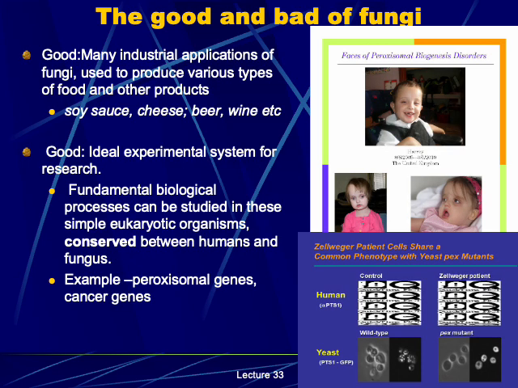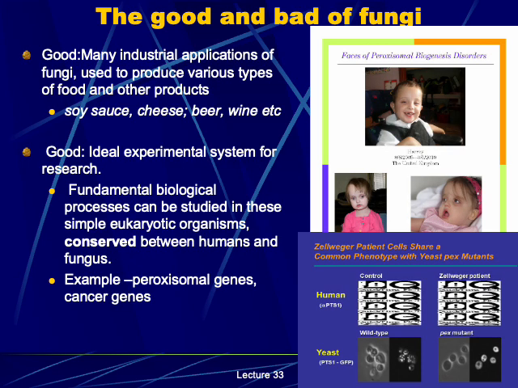They can look at peroxisomes with a defect in specific PEX genes, peroxisome PEX genes, and they say, wow, these yeast cells with these peroxisomal defects look very similar to human cells of people that have Zellweger syndrome.